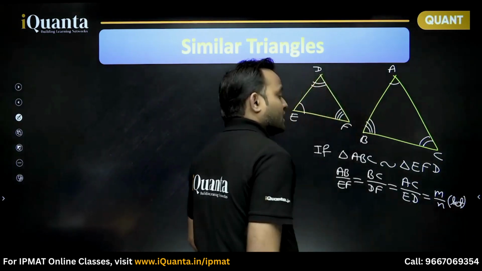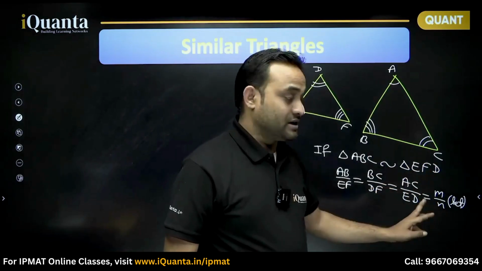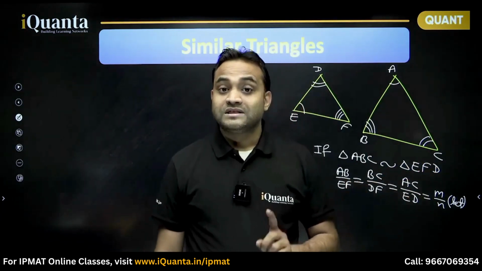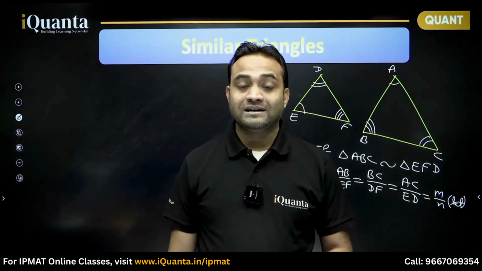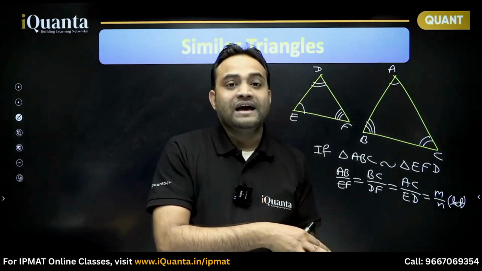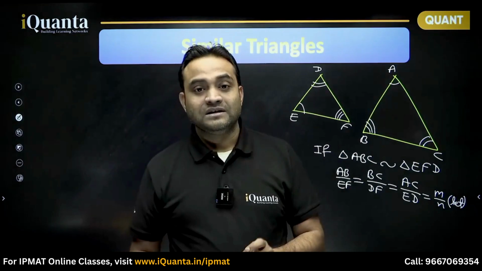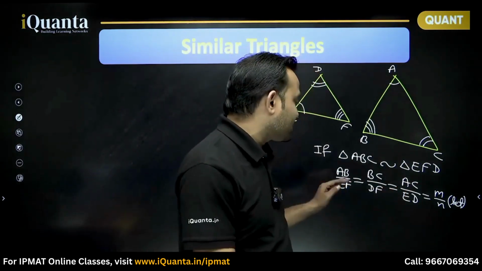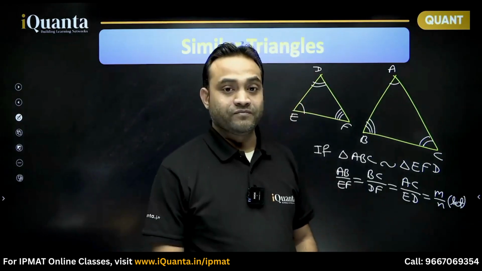Now, if you write triangle DEF here instead of EFD, you will get the wrong ratio. So remember that order is very important: when one triangle is similar to another triangle, the vertices should be in the right order so that you get the correct ratio of sides.